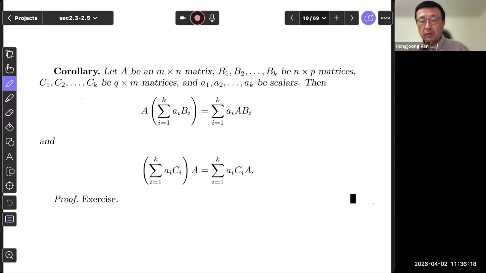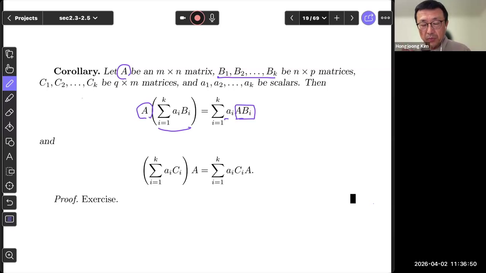Now, this corollary just extends the distributive law. In the theorem, we considered just two matrices, but now suppose I have k matrices. Then their linear combination multiplied by A will be a linear combination of these products, as long as the order of the matrices is maintained.